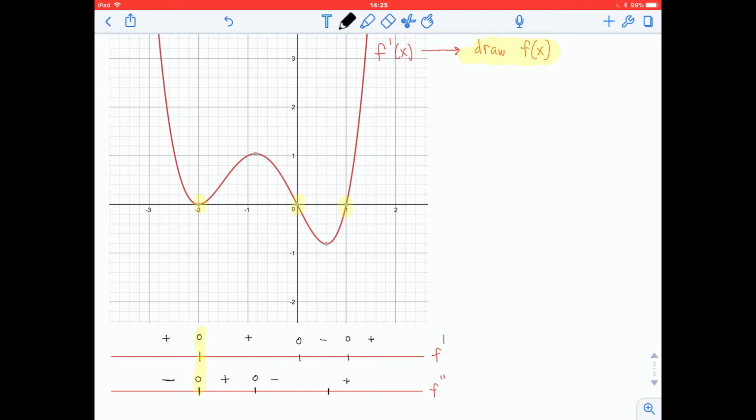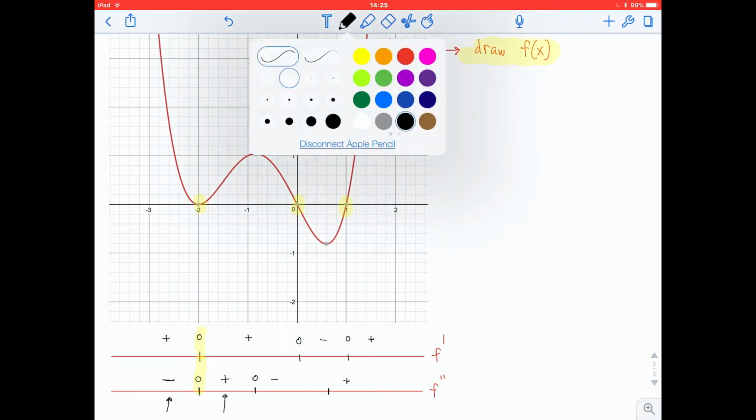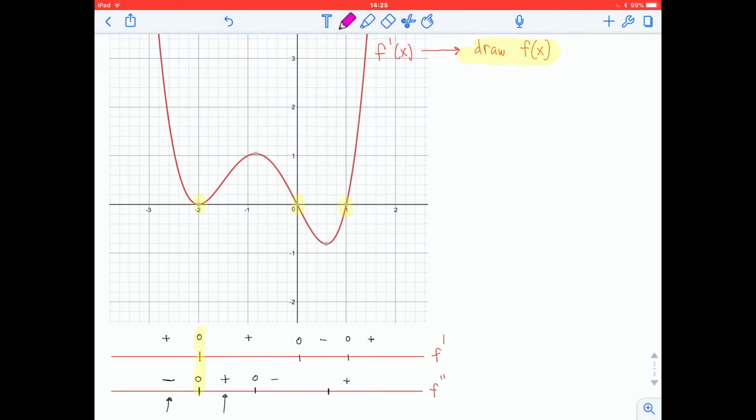And it's an inflection point where the concavity is changing from concave down, because the second derivative is negative, to concave up, because the second derivative is positive. I'm going to make a little sketch of what that looks like. I know then that a graph that has a critical value that coincides with an inflection point is going to look a little bit like this.